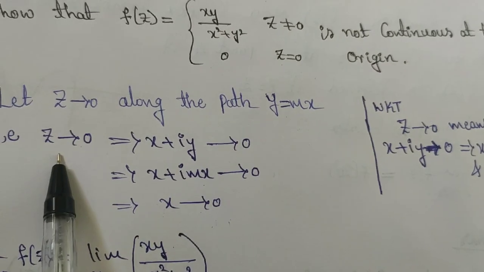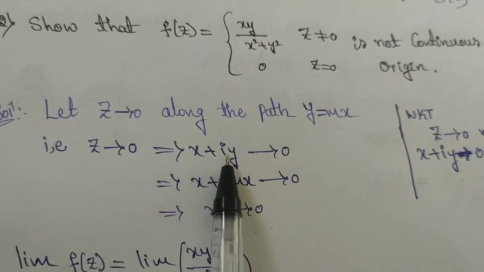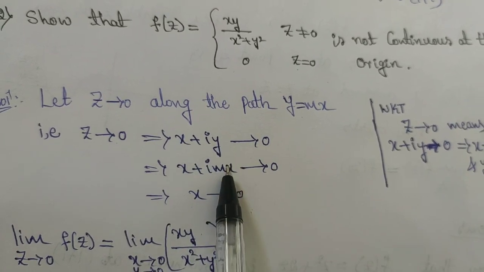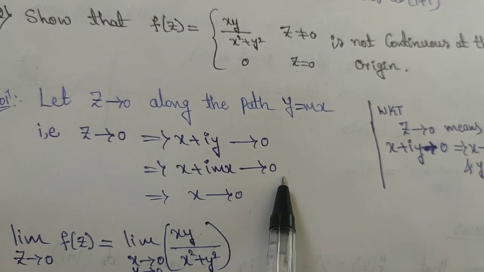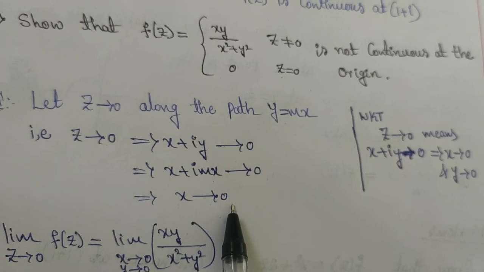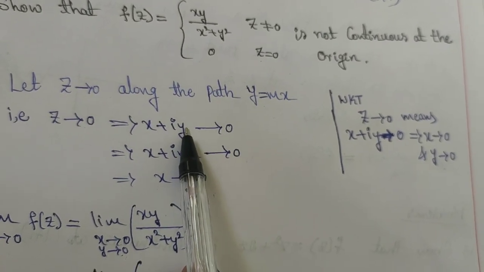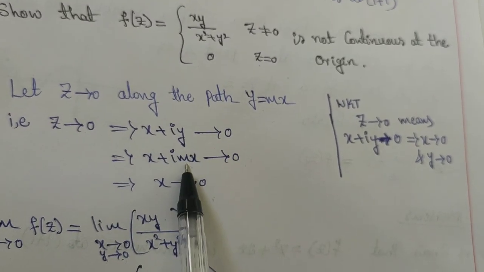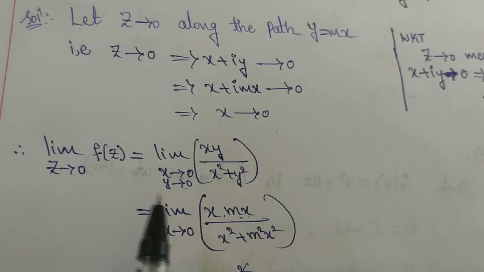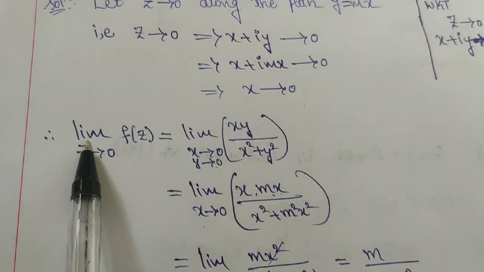That means z tending to 0 means x plus iy tending to 0. See, here substitute the y value: x plus i into mx tending to 0. Here I wrote only x tending to 0. Why? Because I substituted y equals mx. Substitute all these in the problem with the limit. That means apply the limit for the function.